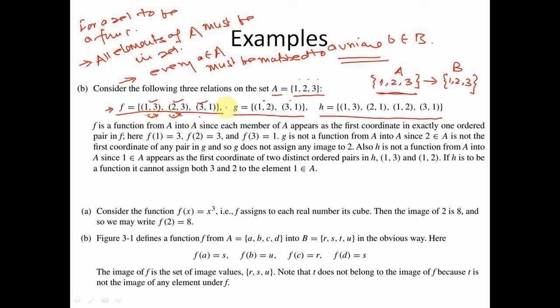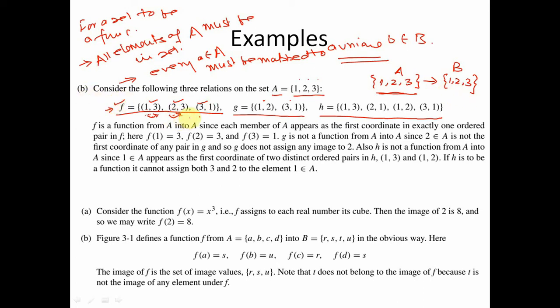Two of the elements of set A can be mapped to a single element of set B. Not a problem over there. The problem arises when one element of set A is mapped to multiple elements of set B. The problem comes over there. So this is a function.